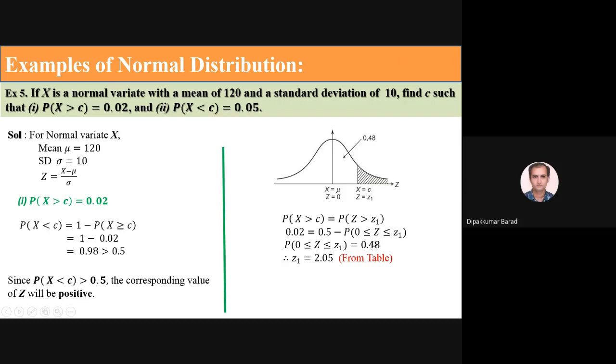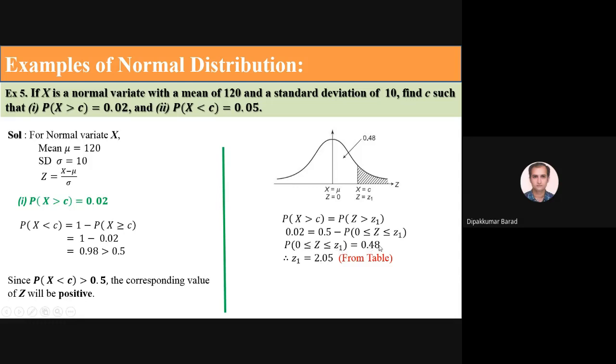Now I have to look in the table where we have 0.48. Now we have to think in the reverse way here. Generally, by using Z1, from the standard normal table we find the probability, the area under the curve between 0 and Z1.